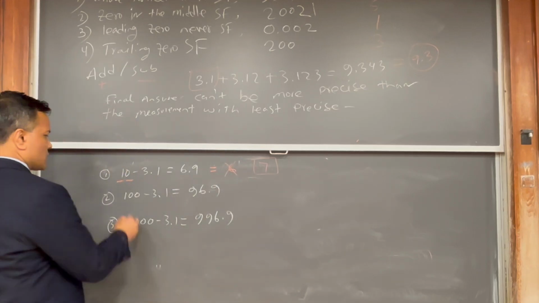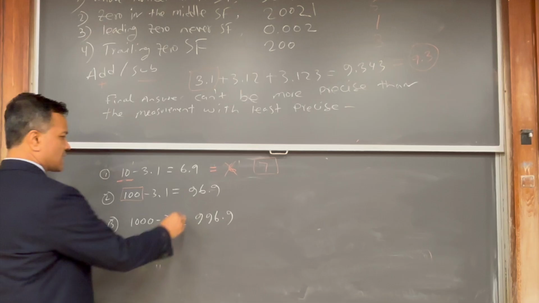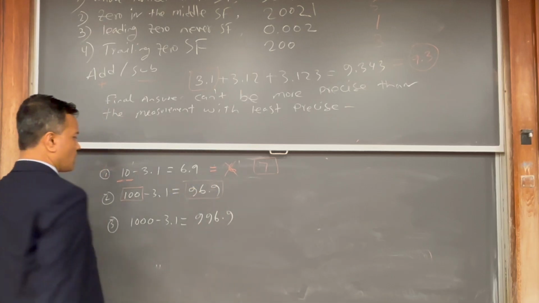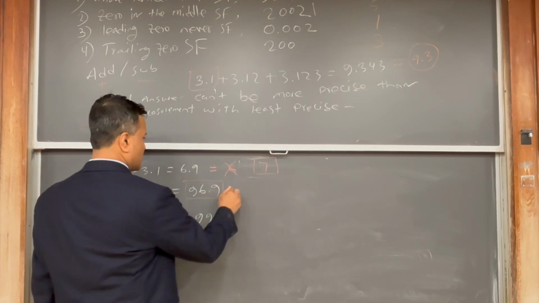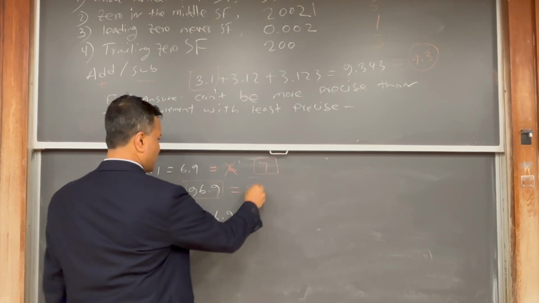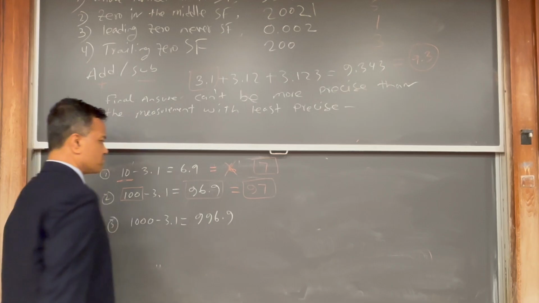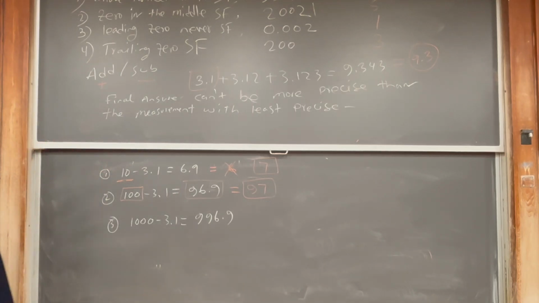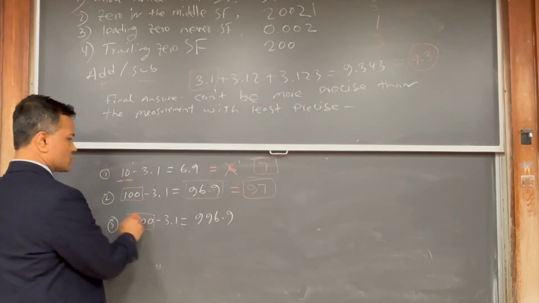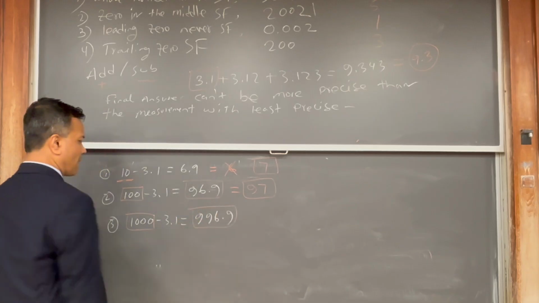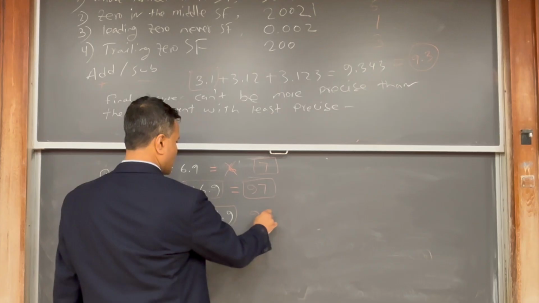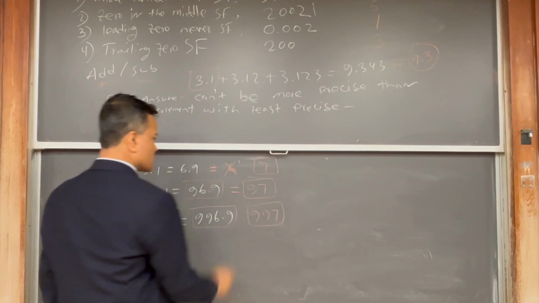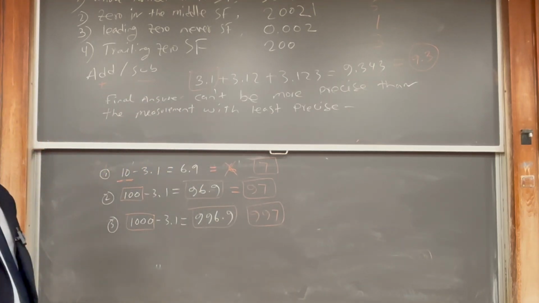For the next one, the final answer cannot have any decimal, so 96.9 is closer to 97 than 96. And 996.9 is closer to 997. So this is the addition and subtraction rule.